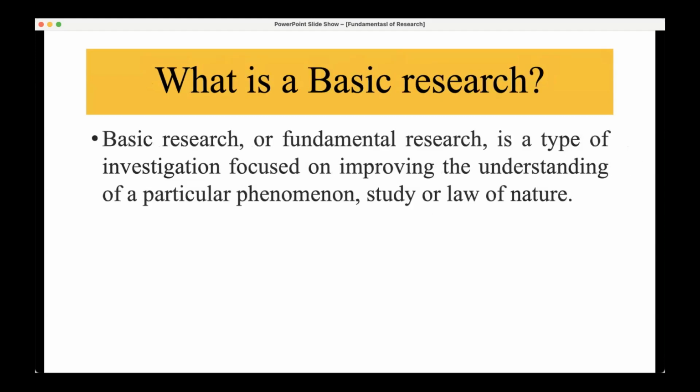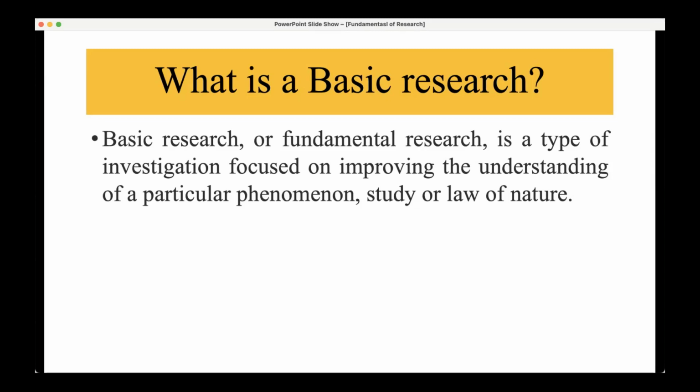While the basic research, or the fundamental research, is a type of investigation focused on improving the understanding of particular phenomena that have already been there: to study the DNA, some brain function, the heart function, the cardiac function, the function of the enzyme, to study the laws of nature that are already there in our system.